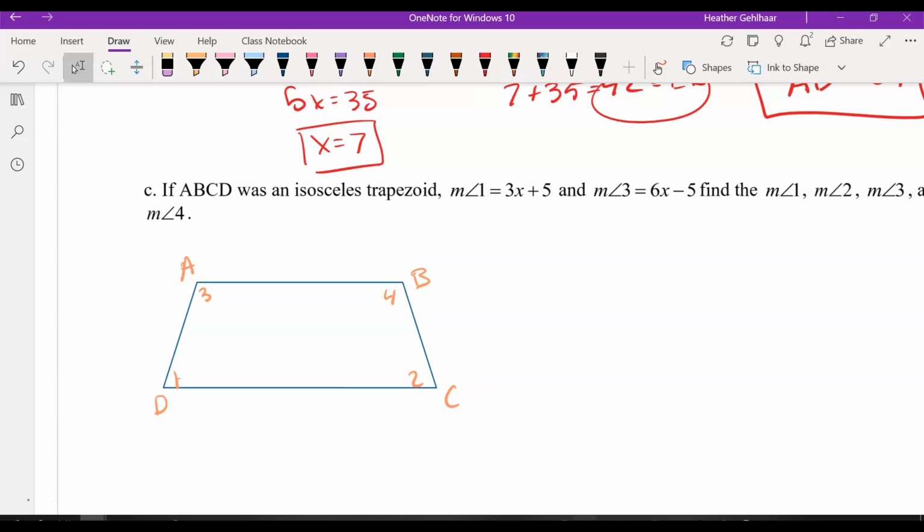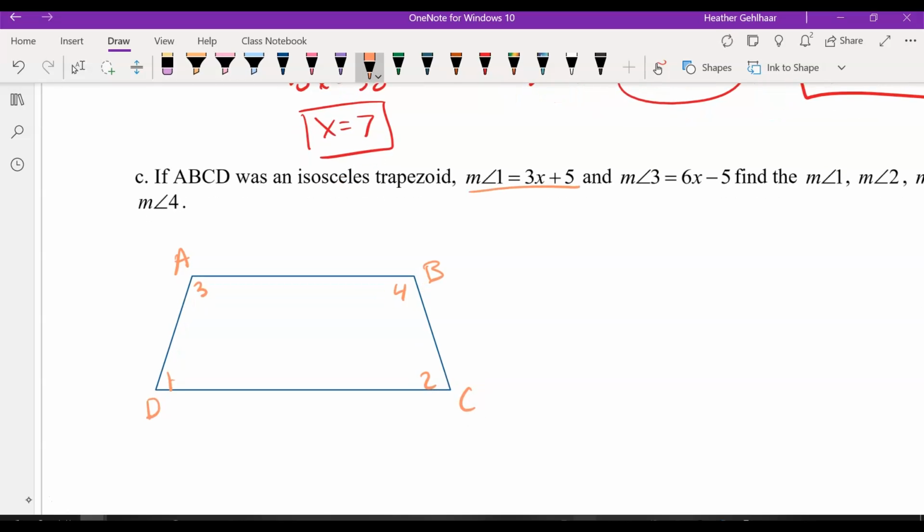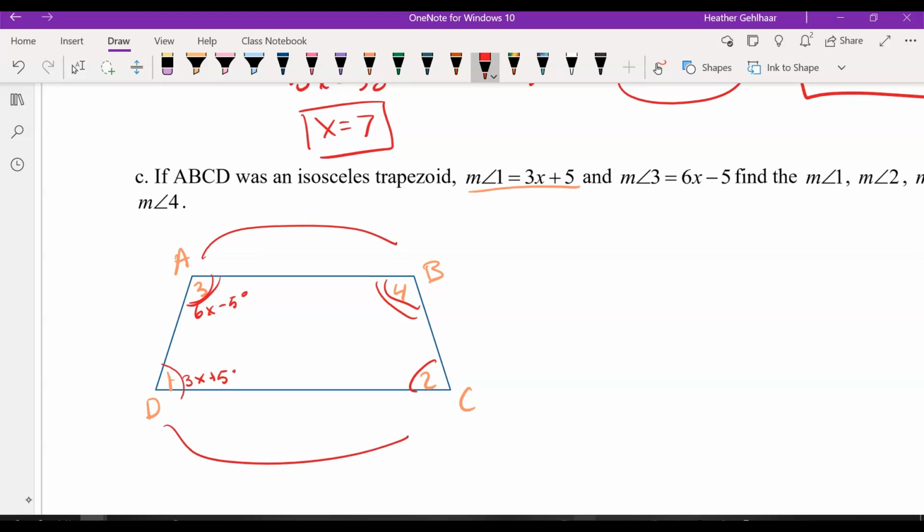Okay, so taking a look here, we know that angle 1 is 3x plus 5 degrees. Angle 3 is 6x minus 5 degrees. We need to find all the angles. Now, because it's isosceles, we know those base angles are congruent. Okay, so angle A is congruent to angle B, angle D is congruent to angle C. Now, however, we can't go and set those equal because those angle A and D are not congruent.